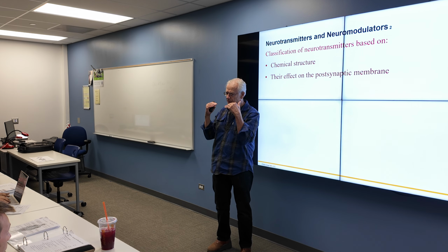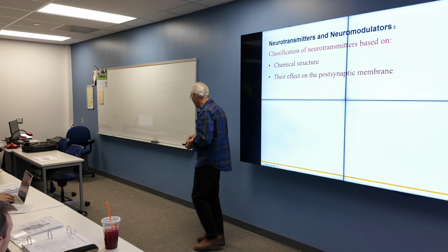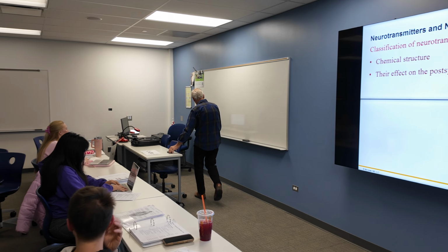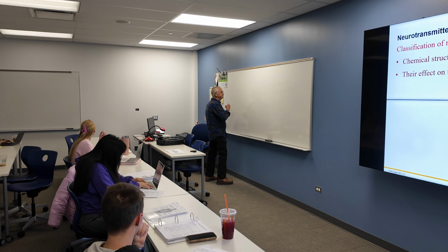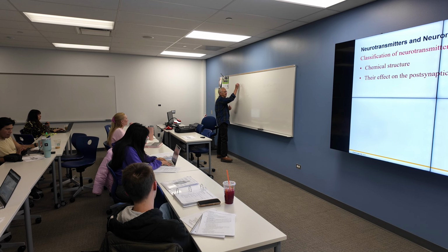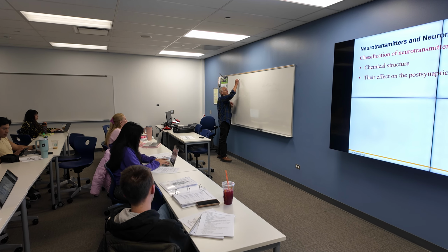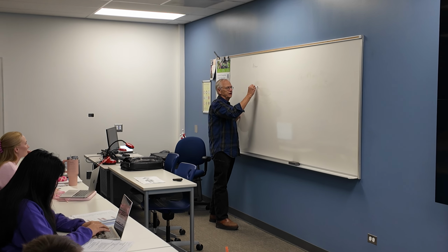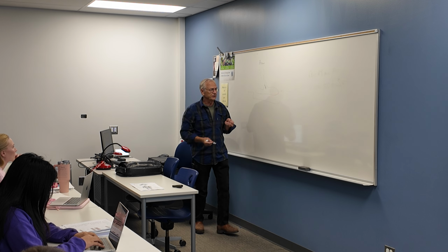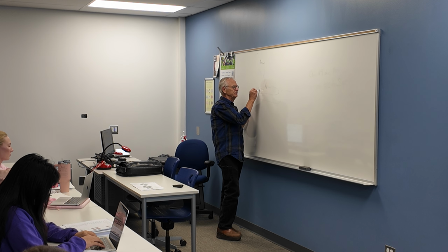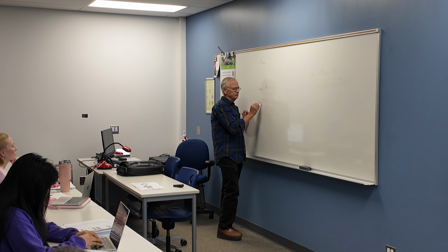We have a synapse, we have a junction there, and we have something at the end of the axon. We're talking about this stylized drawing I've been making over and over again, and we say here's the axon, and an action potential comes on down here. This is going to be the pre, and this is going to be post.